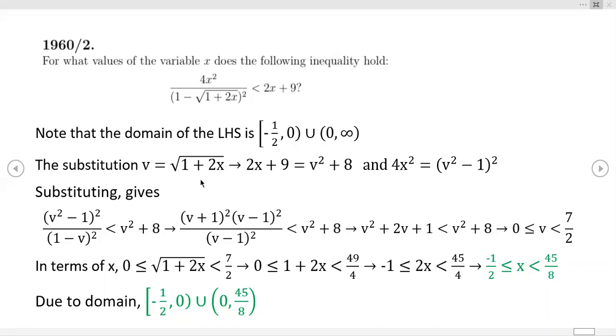Now, notice that implies, if V is equal to this, then certainly V squared is equal to 1 plus 2x, right? Sorry, that's supposed to be a V squared right there.